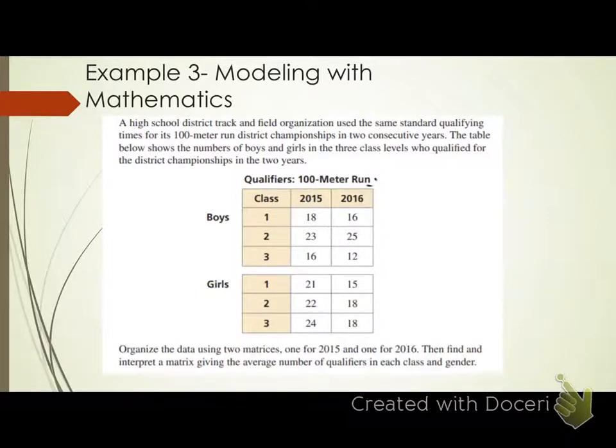So that's the answer to my first part of the problem. It says organize the data using 2 matrices, one for 2015 and one for 2016. I've done that. Now it says then find and interpret a matrix giving the average number of qualifiers in each class and gender. So hopefully you guys still remember how to find the average of something.